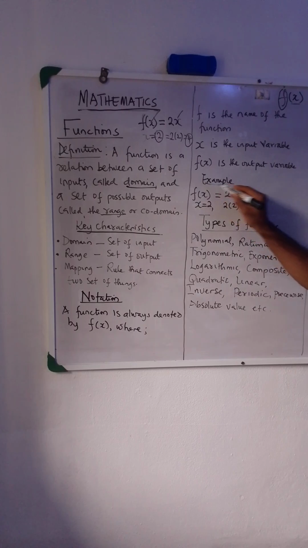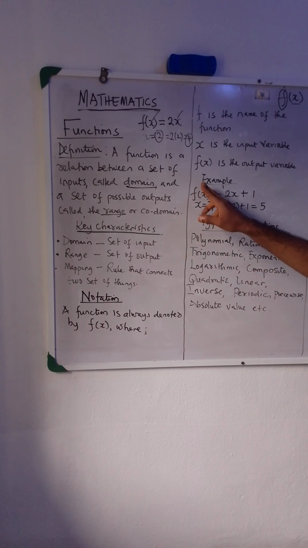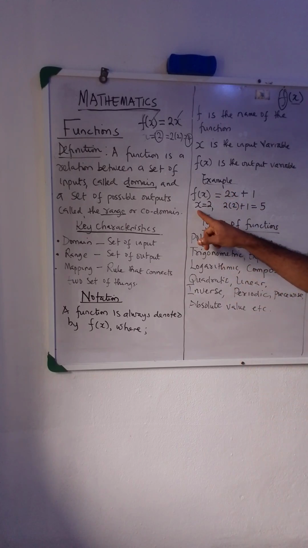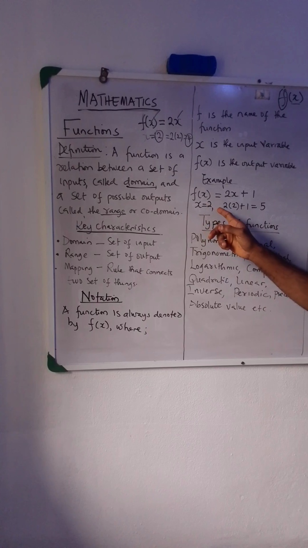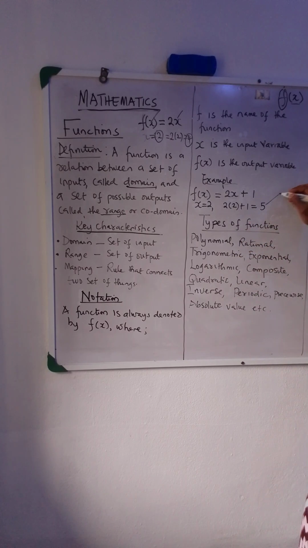Let's take a simple example. If we have f of x equal to 2x plus 1, and we said that x is equal to 2, it means we are going to have 2 times 2, replacing x with 2, plus 1, and that will give us 5. Now, this is our range.